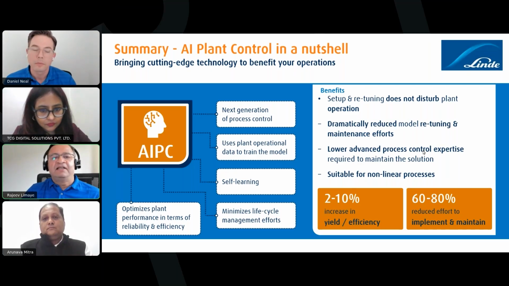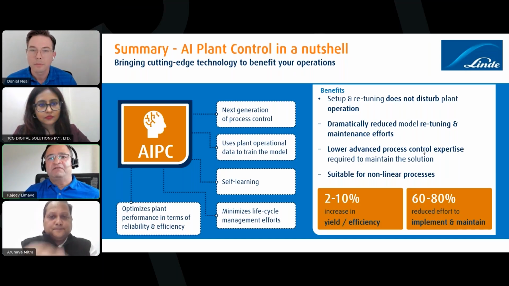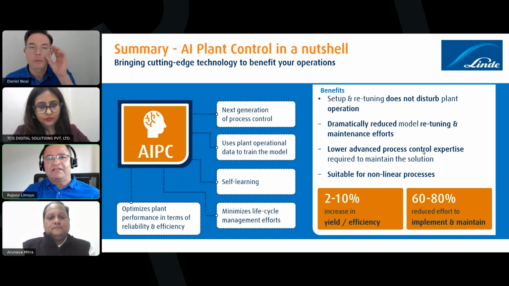optimization. So basically, in AI plant control, you can enter an objective function. What is the objective of AI plant control? Sometimes, like in air separation plants, we have to maximize the liquid. Some plants have to maximize the gas. In other cases, there could be changes in the feed.